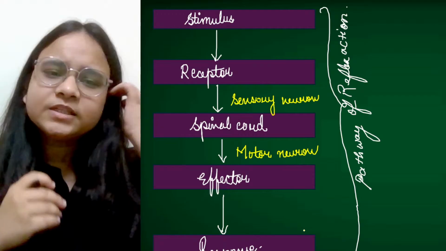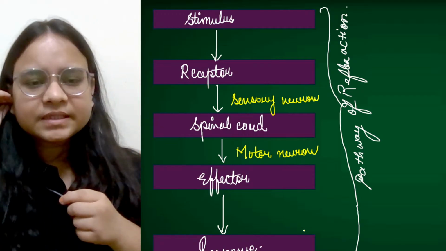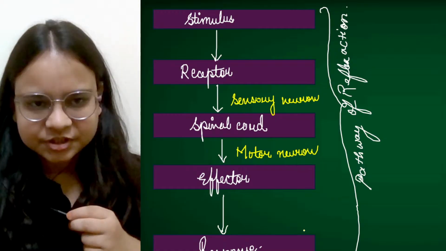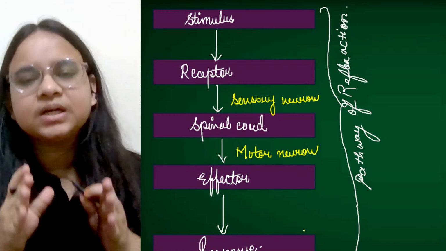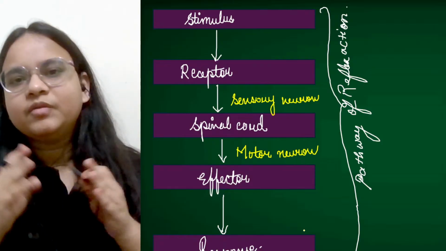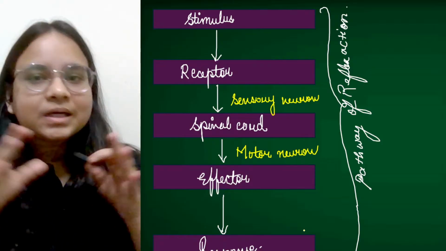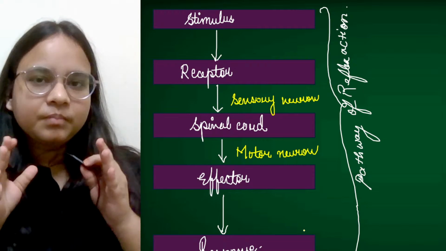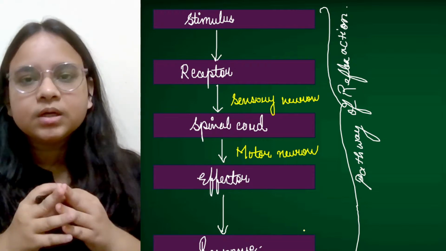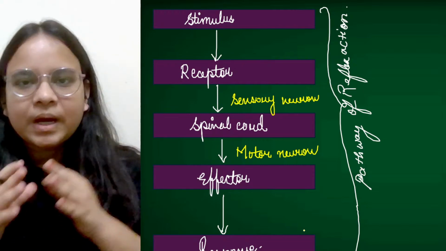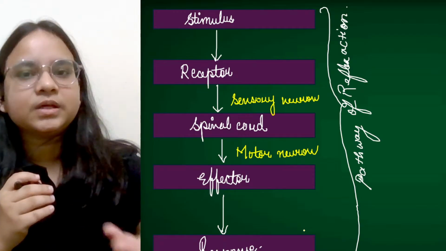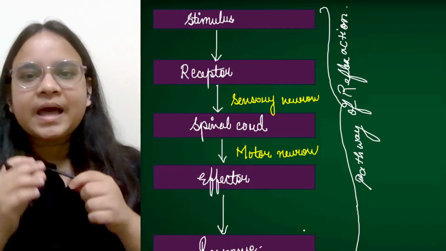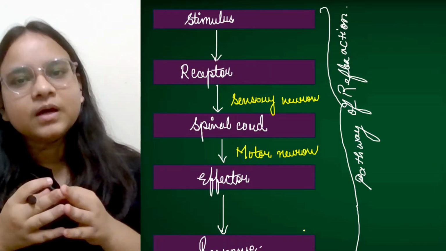Right. Now, what is the spinal cord? Spinal cord is associated with this reflex action. This spinal cord acts as a CPU, right? We all know that in a computer system, the keyboard acts as an input. The CPU acts as a processing unit. It processes all the information that has been put into the computer, and the output is generated from the desktop.